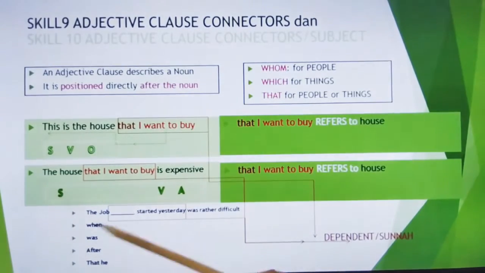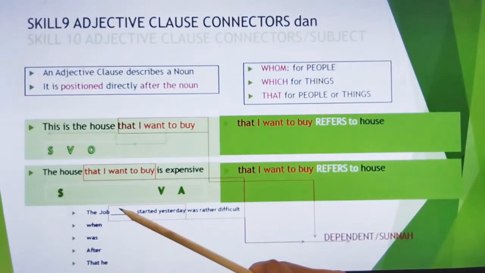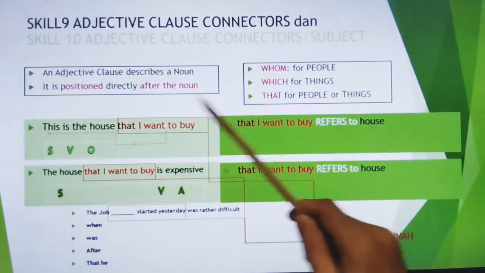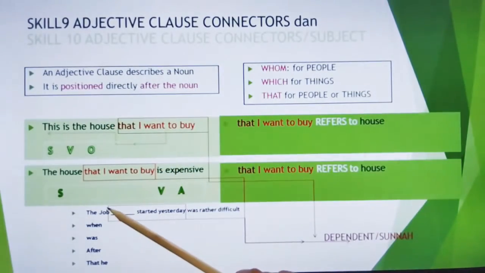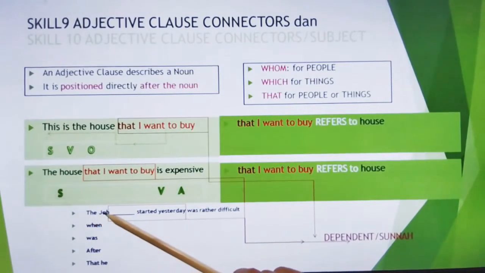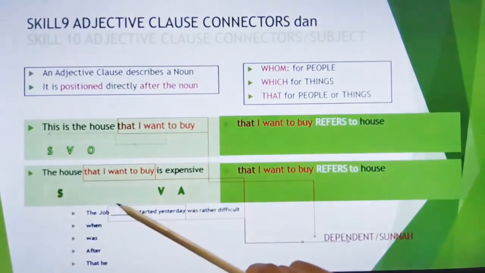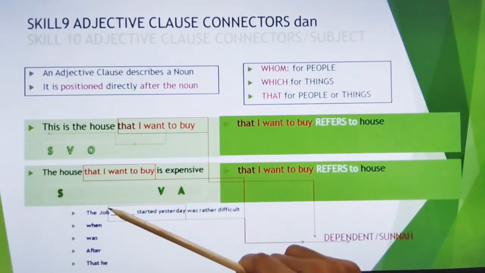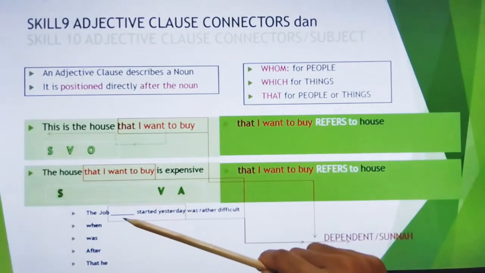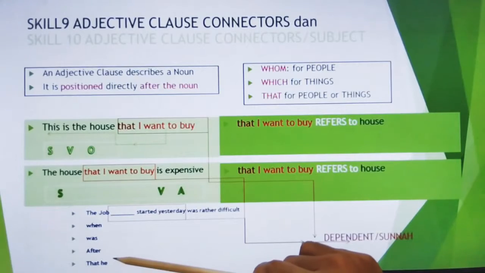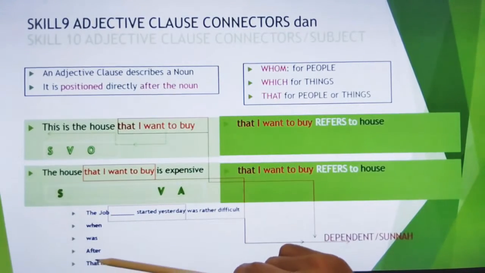But the question is, how could we answer this one? We can pay attention to the direction. The position is directly after a noun. This is a noun, and directly after the noun it is supposed to be followed with a connector.